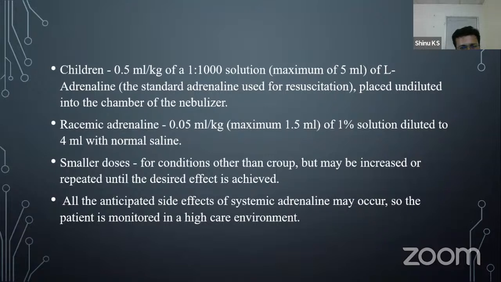For racemic adrenaline, the dose is 0.05 ml per kg, maximum 1.5 ml of 1% solution. For conditions other than croup, smaller doses are given. All the anticipated side effects of systemic adrenaline may occur, so the patient is monitored in a high care environment.